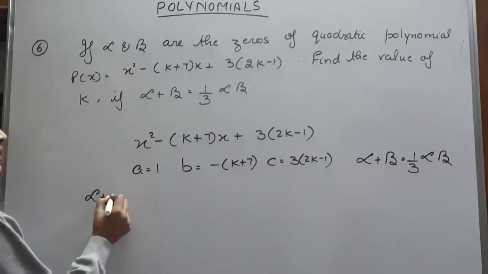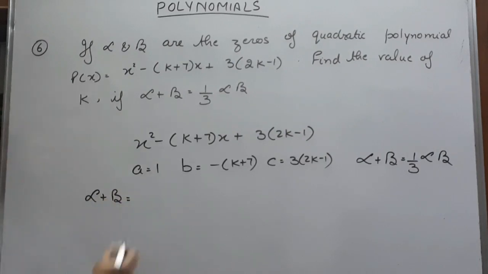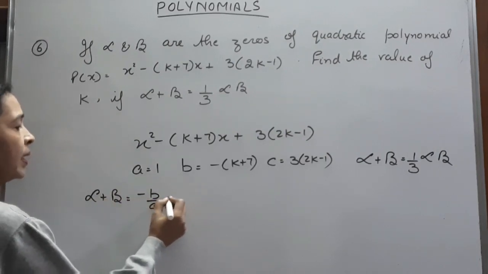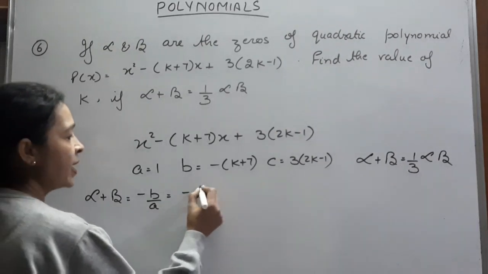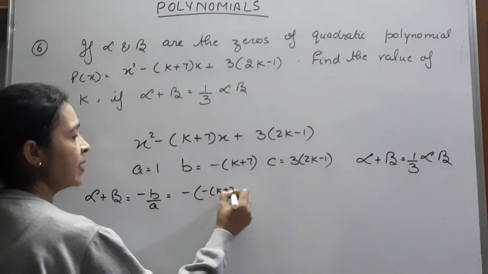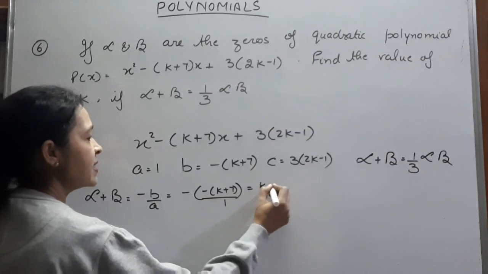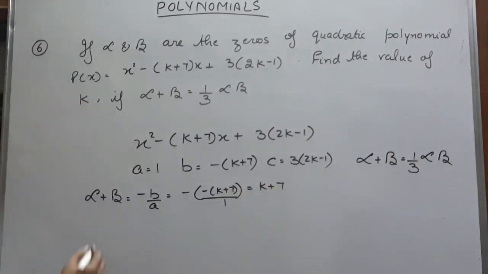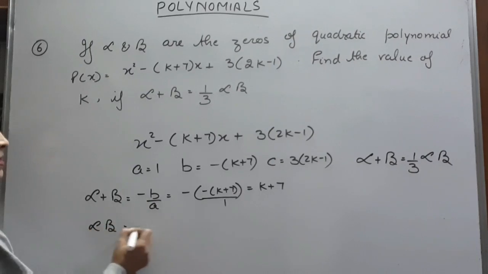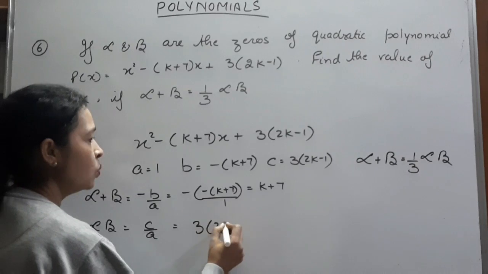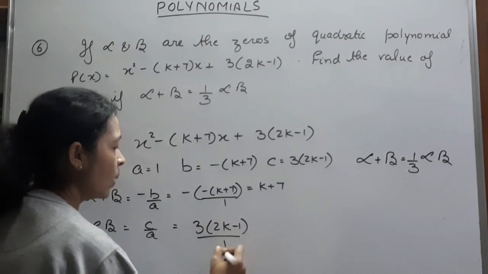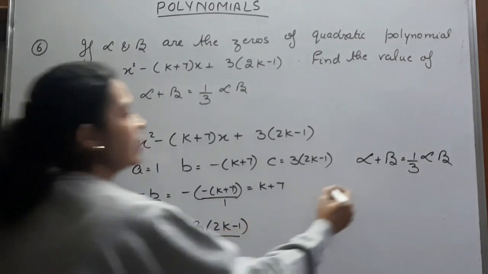Now, what is the sum of zeros? Alpha plus beta is minus b upon a. In this case it is minus of minus (k plus 7) upon 1. k plus 7 is the sum of zeros. And what is alpha beta? c upon a is 3 times (2k minus 1) upon 1. Now what is given?